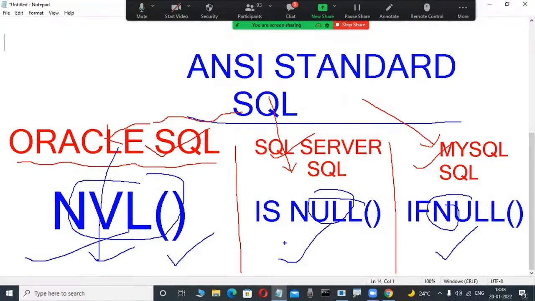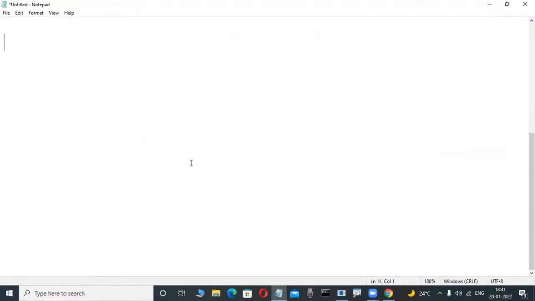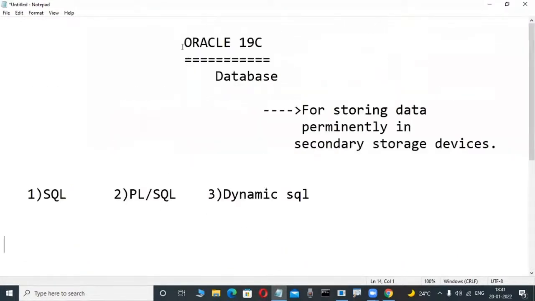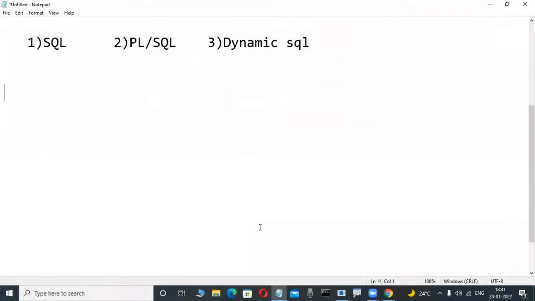There is another function. That's why always what we are learning is this: SQL is an ANSI standard language. From that SQL language, Oracle Corporation created their own SQL language that is called Oracle SQL.